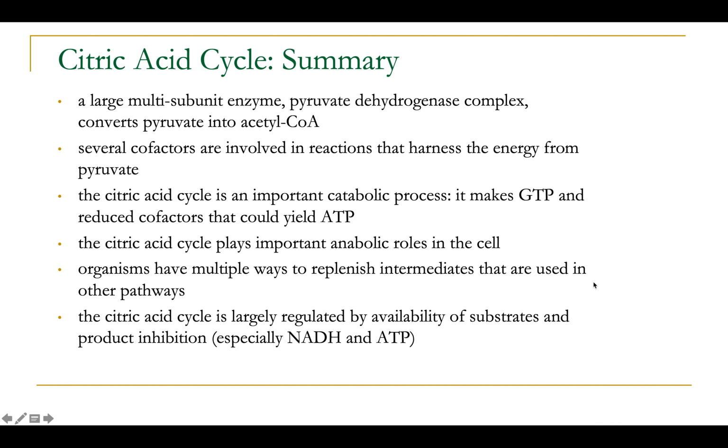We looked how the anabolic and catabolic nature of citric acid cycle could be partitioned through the supplementation of metabolites, intermediates through the anaplerotic reactions, and how the citric acid cycle is regulated through the metabolite need and availability to adjust to the cellular needs.